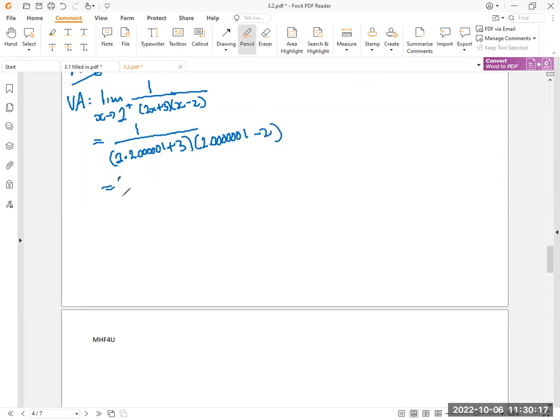When you multiply this out, this becomes 4.000002 plus 3. So it's basically the same as the 7. It doesn't change much if there is an actual value it's stuck with.